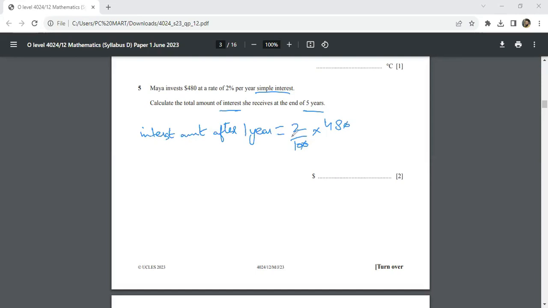10 gone, 0 gone, and this is 48 multiplied by 2. It is 96 upon 10, which is 9.6.